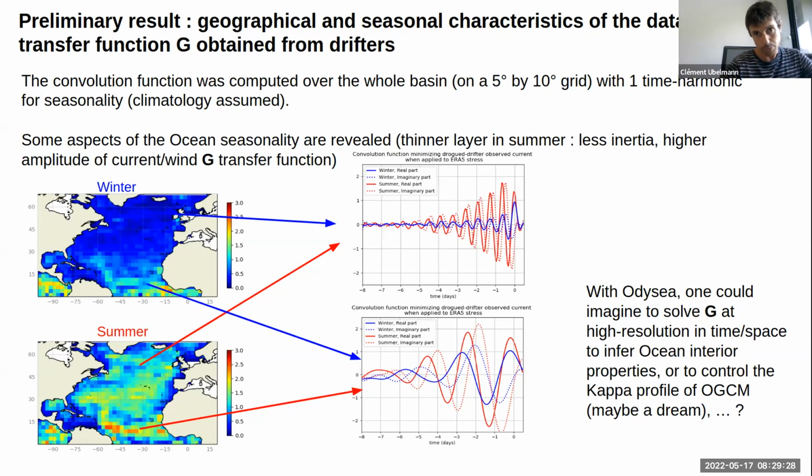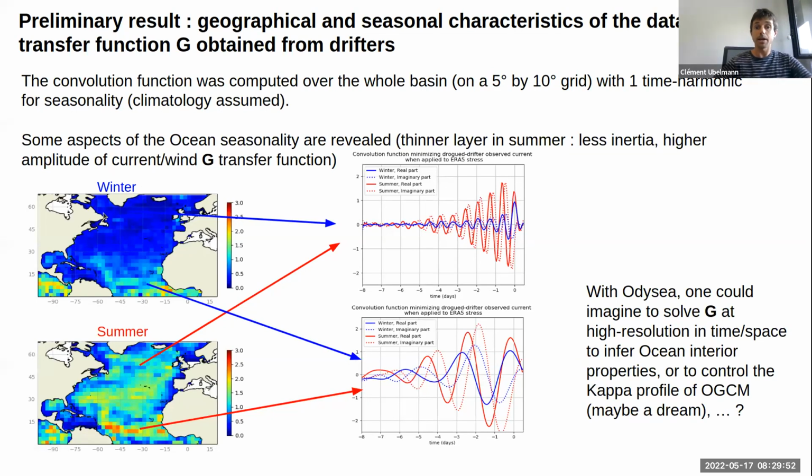So the transfer between the wind and the current is very high. Even if you have a little bit of wind, it can be transferred into very energetic oscillation, rather than in winter, when the mixed layer depth is very deep and inertial oscillations are harder to trigger. So it's interesting. We certainly see some patterns related to mixed layer depth.